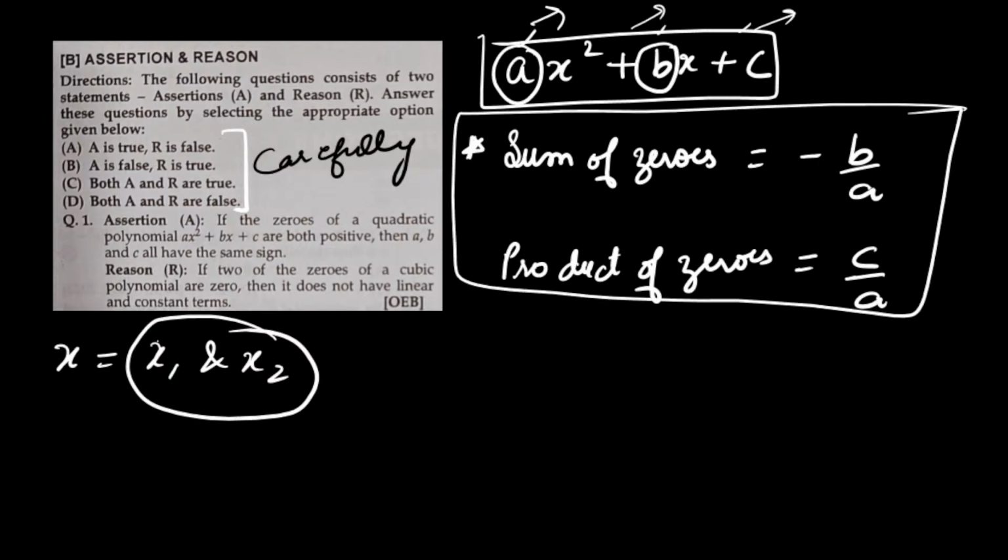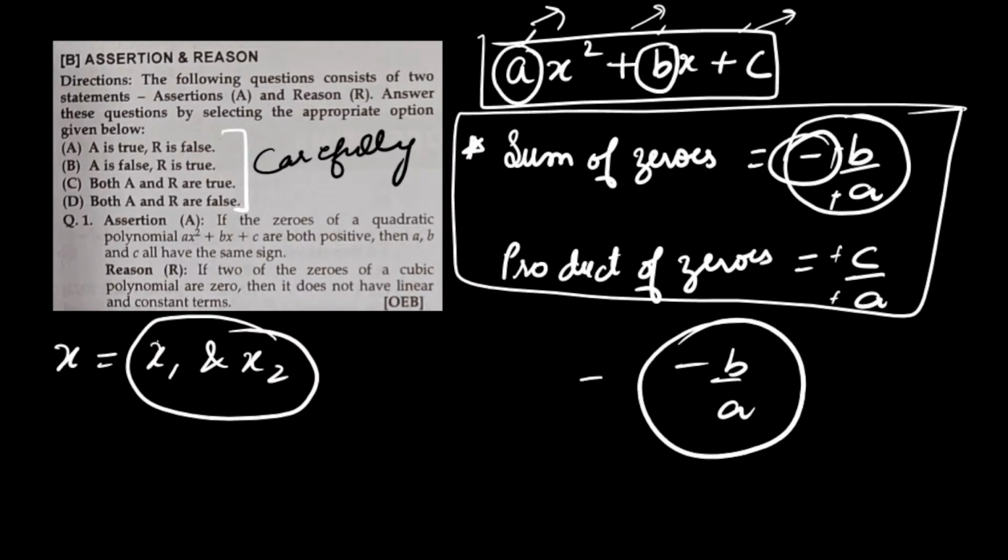And what is the first statement? Zeros are positive, then a, b, c will have the same sign. See, if they have the same sign, suppose it has minus, it has minus, so this minus minus will get cancelled. Here we can see the sum we are getting is negative.